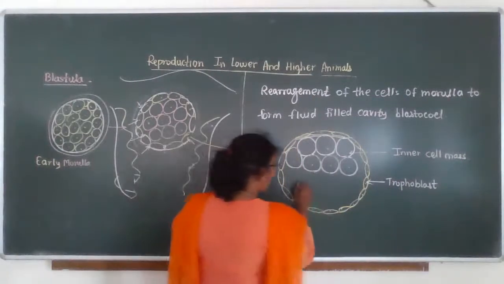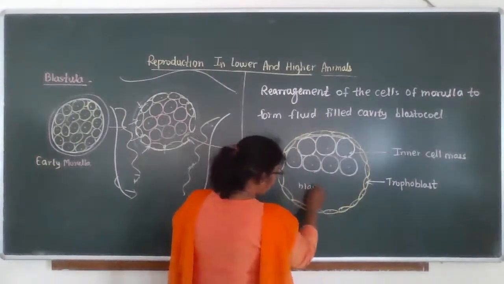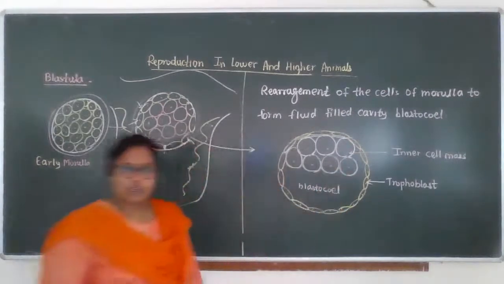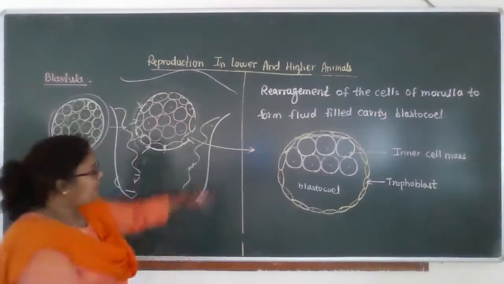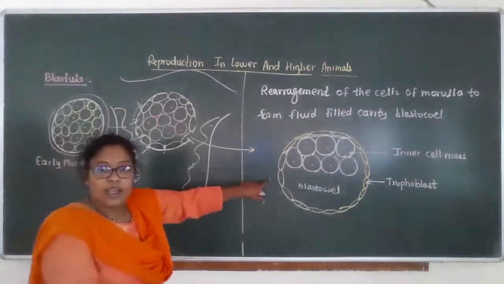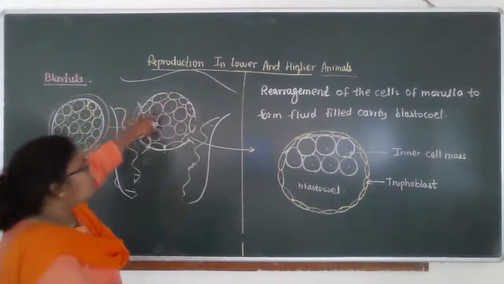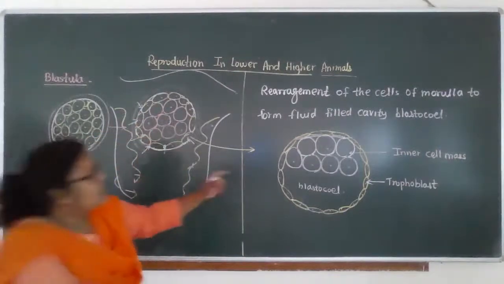And this cavity is called the blastocyst. So focus on the definition again. Blastula is the rearrangement of cells of the morula.